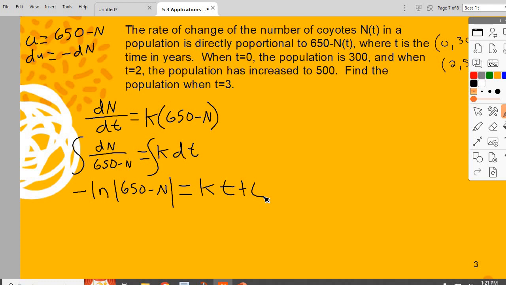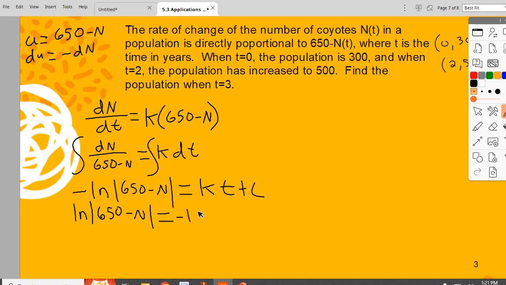We want our model in terms of N, because N is our population, so we solve for N. What do we need to do first? We cannot exponentiate until the log is by itself, so we need to divide by a negative.